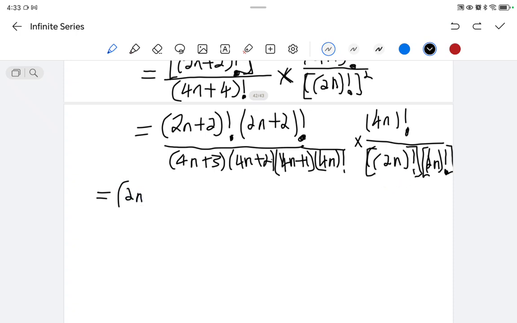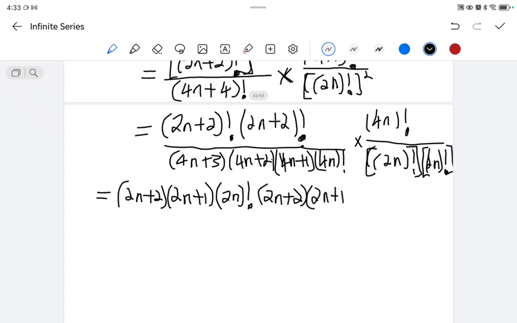I can reduce them as (2n+2), (2n+1), and then (2n)!, and I stop at the factorial. Then I come again and reduce the other one, (2n+2), (2n+1), and keep in mind this will cancel.